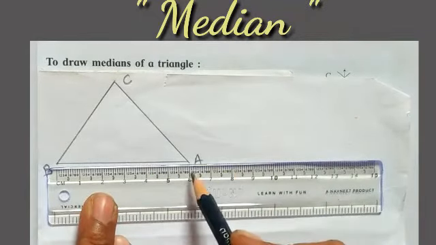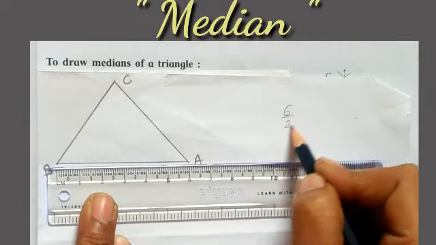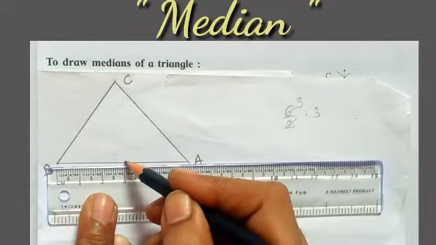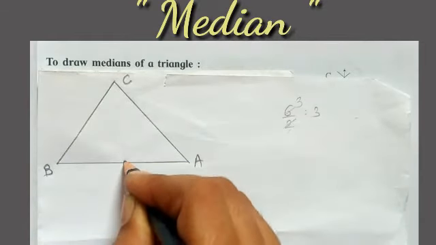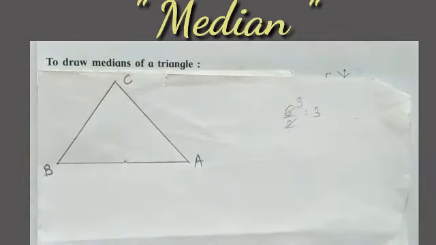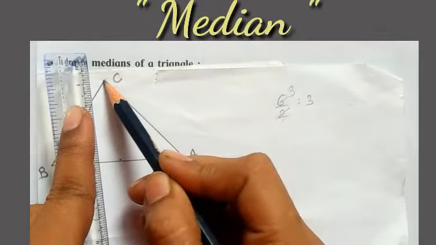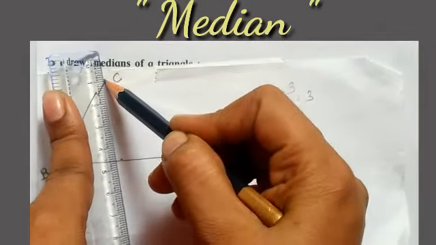So we have to take its half. So half of 6 means 3 centimeter. So we have to put the point at 3 centimeter, place it over the side AB, and simply join it through vertex C.